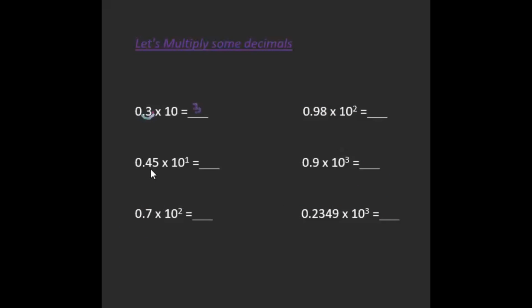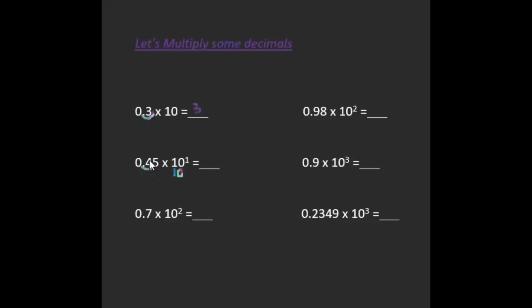So 0 and 45 hundredths times 10 to the power of 1, which is basically 10. So let's write that underneath, just to make sure that we know. So now we know that the decimal point moves in the powers of 10. So it only moves once here because 10 is only to the power of 1.